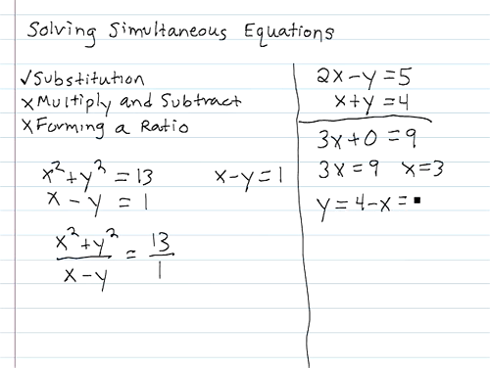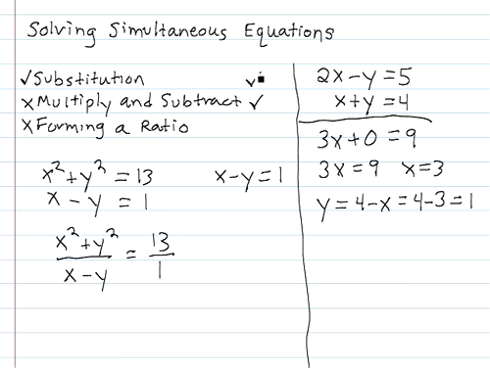If I put in 3 for x, then y is equal to 1. And I can check those answers. The top equation, 2 times 3 is 6, minus 1 is 5, that's true. And the bottom equation, 3 plus 1 is 4, that's true. So for a couple of equations such as these, multiply and subtract works pretty well. I'll put a check mark over here on the left side.